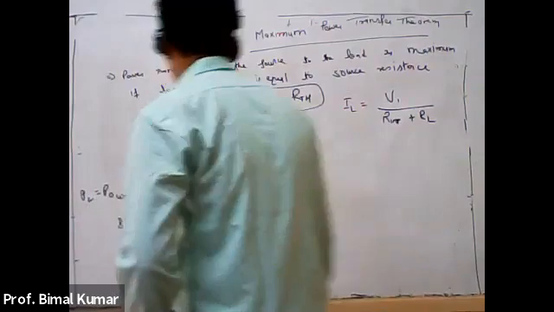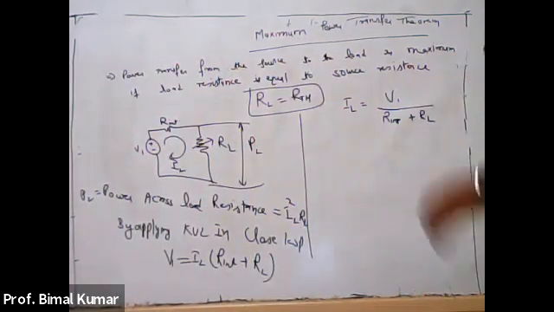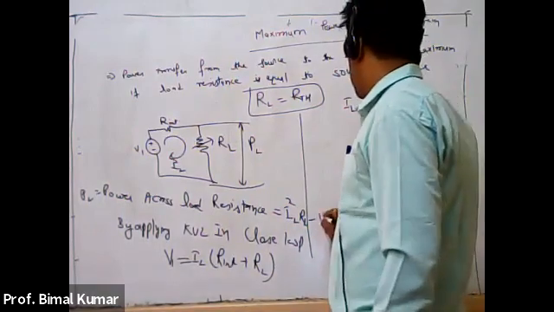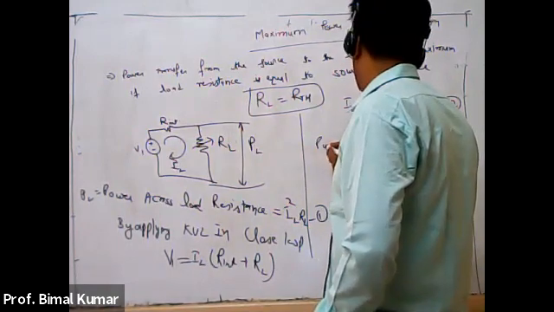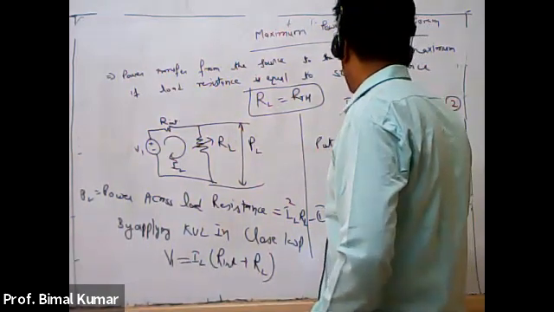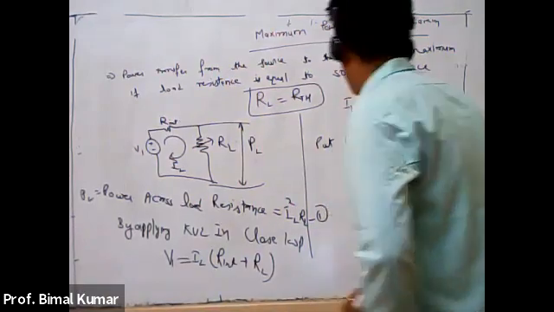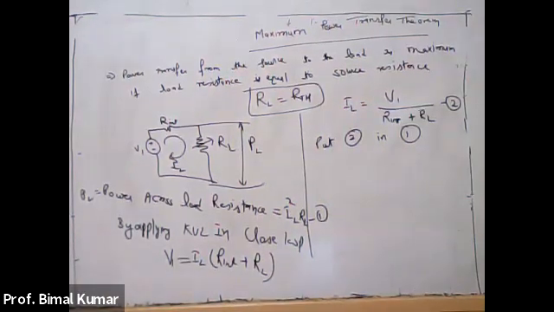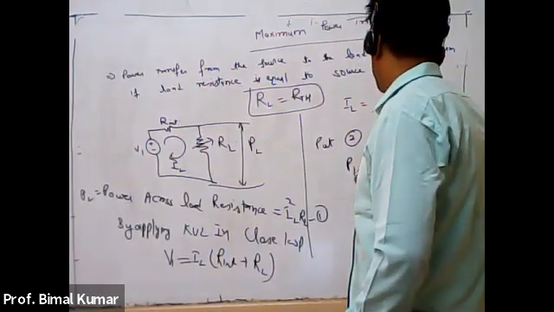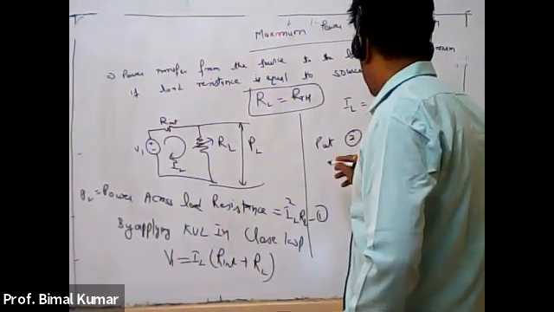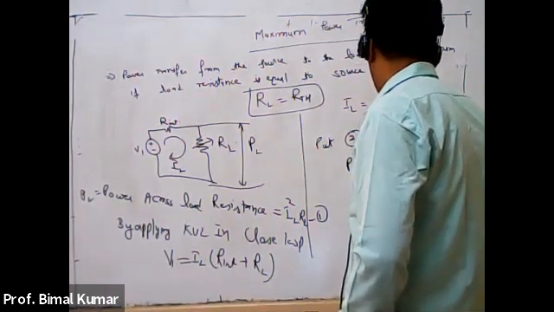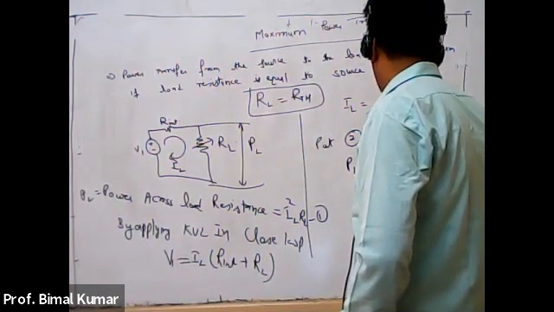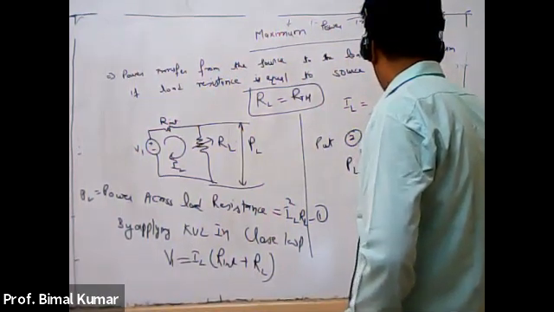PL is equal to power across the load resistance. Now let us suppose this is your equation number 1 and this is your equation number 2. Put 2 in 1. So you will get PL is equal to IL square, IL means V1 divided by R internal plus RL, its whole square, into RL.